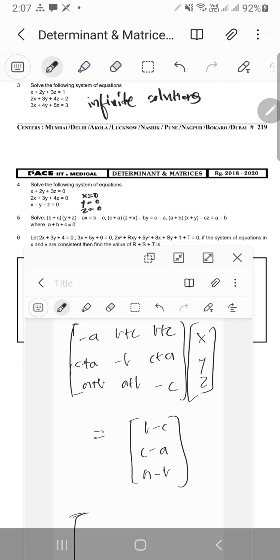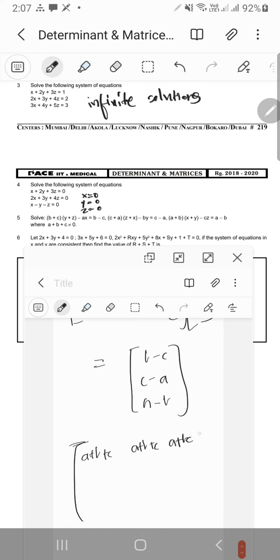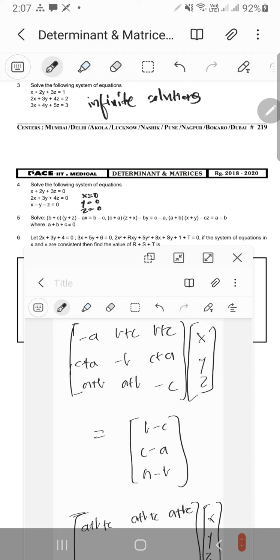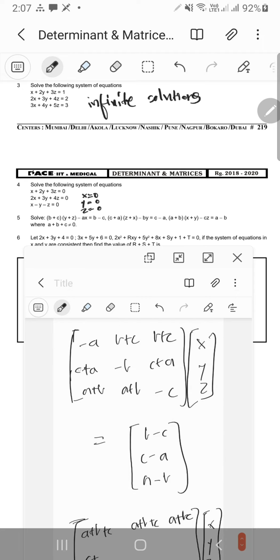A is gone but added once again, so it's going to be a plus b plus c, a plus b plus c, a plus b plus c times x y z. And the remaining stuff is just, yes, that's correct. You add row 2 to row 1, and then to the new row 1 you add row 3.